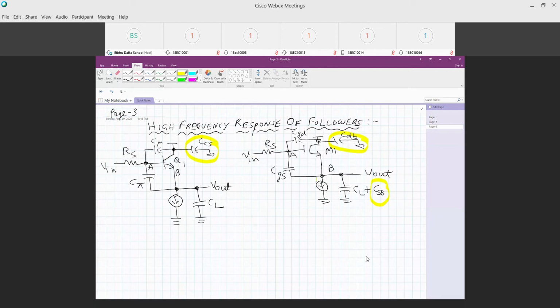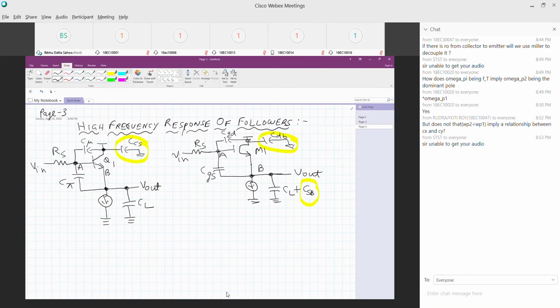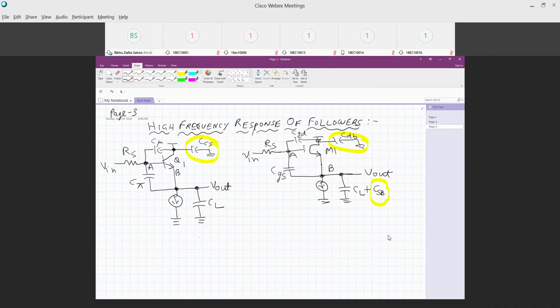So the unified small signal model is going to be like this. I'll do it for the BJT case, and then you can do it for the MOSFET also. The similar thing will hold.